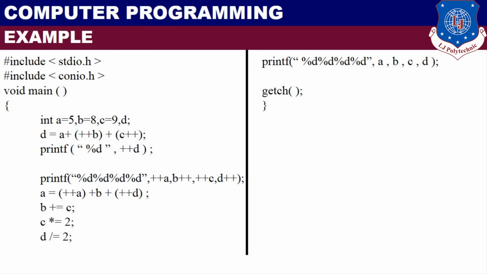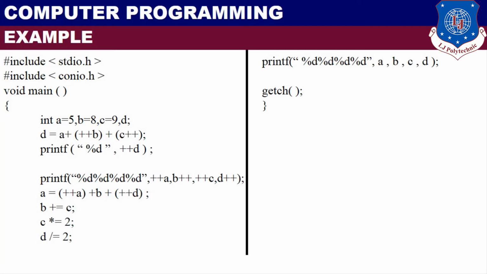The first %d is ++a, and that is 6, as a was 5 and this is a prefix, so increment by 1, 6. Second %d is b++, b was 9 and this is b++ postfix, so the initial value will be used, that is 9, but next time if we are going to use b, it will be 10.